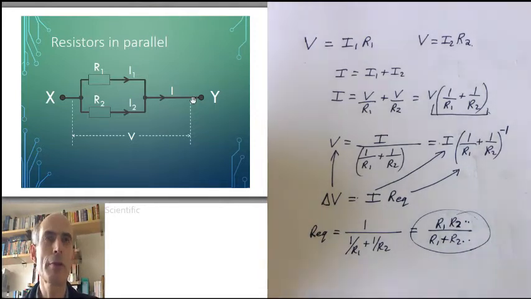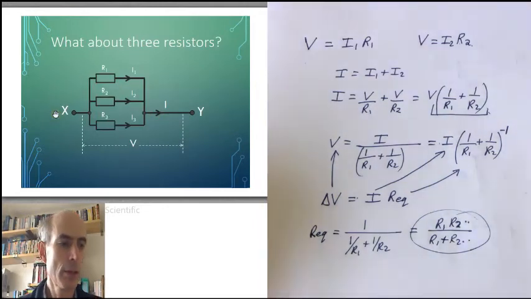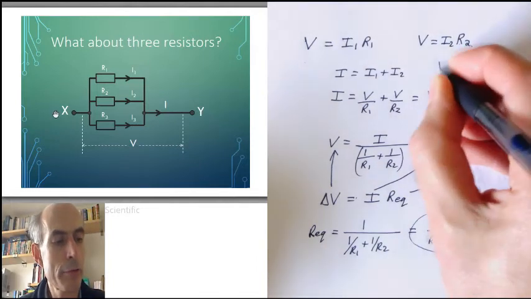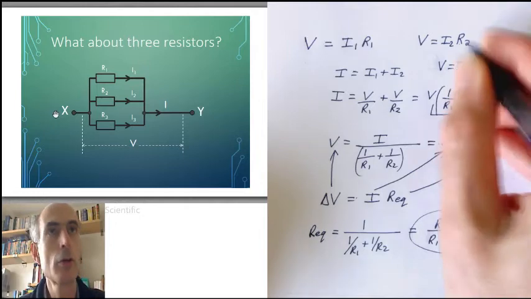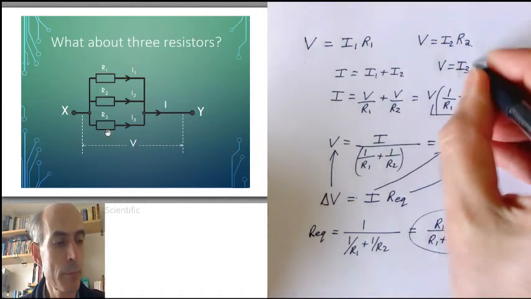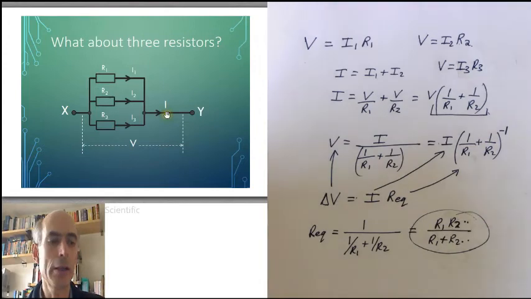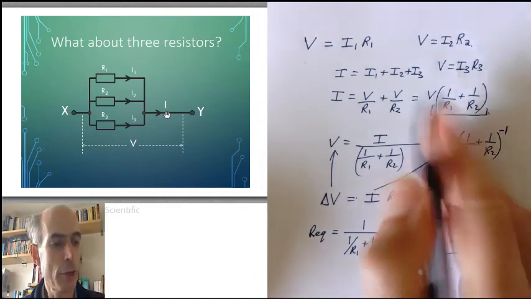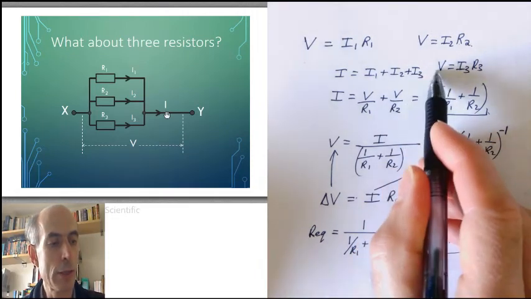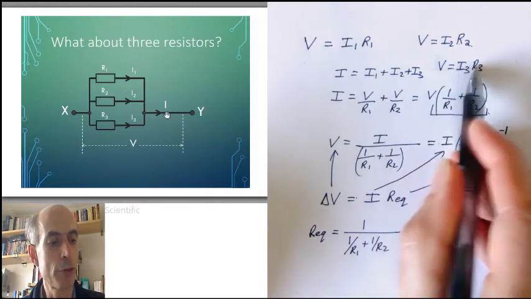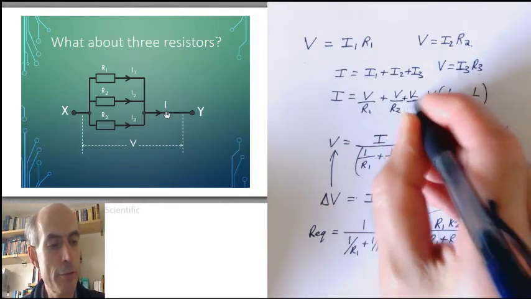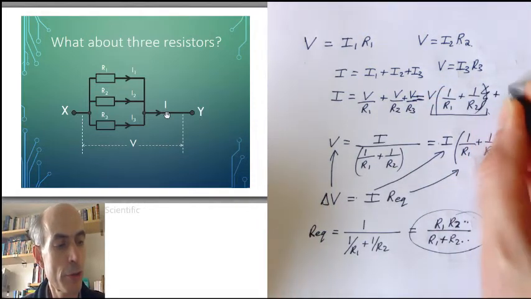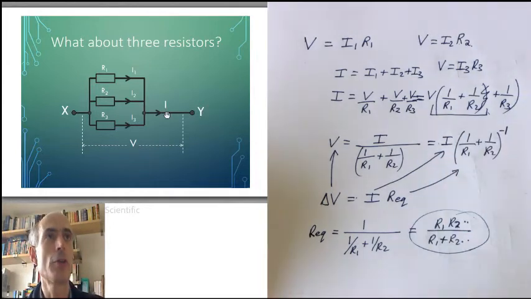What happens if you have three in parallel? Well, pretty much the same idea. We just have another current. We have an I3 that flows through R3, which means that our total current I is now the sum of three currents. And that means that if I substitute this function into here, I'd get another term, V over R3, in this equation here, which would lead to another term, 1 over R3, in this equation here.